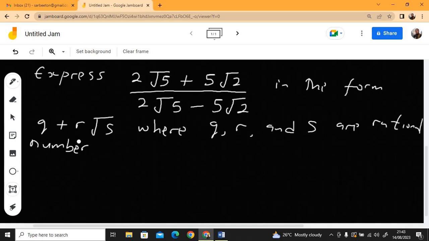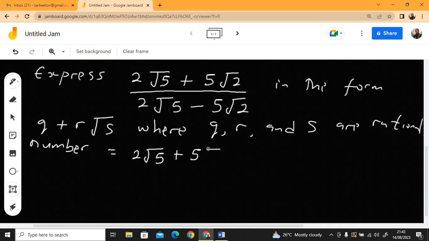You'll be confused about what this problem wants us to finish with. Now don't panic, just rationalize it first. So if I want to solve this, I'll multiply the up and the down by the conjugate of the denominator.